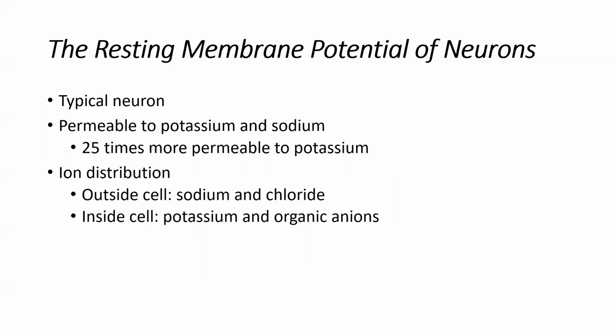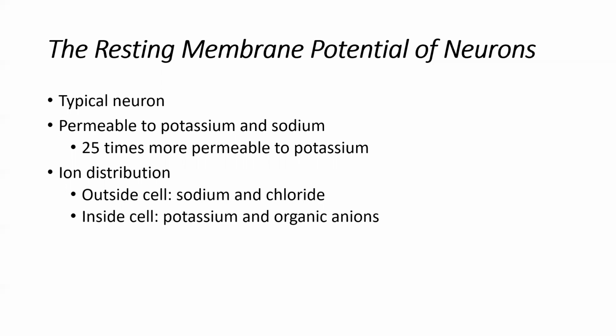Okay. All right. Now, when you look at a typical neuron, it is actually much more permeable to potassium than it is to sodium. And just to describe what that permeability is really referring to, we're talking about the number of channels on the neuron. So we say that an ion is more permeable if there are more channels, there are more opportunities for that ion to move through the membrane.